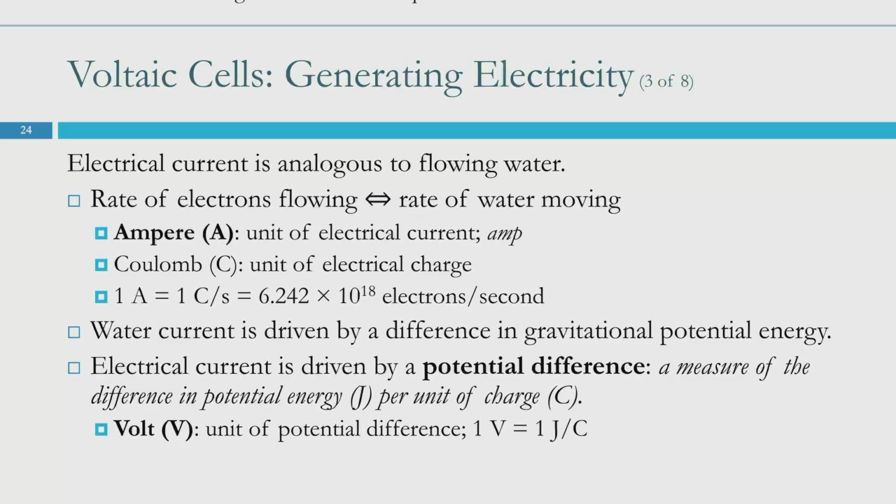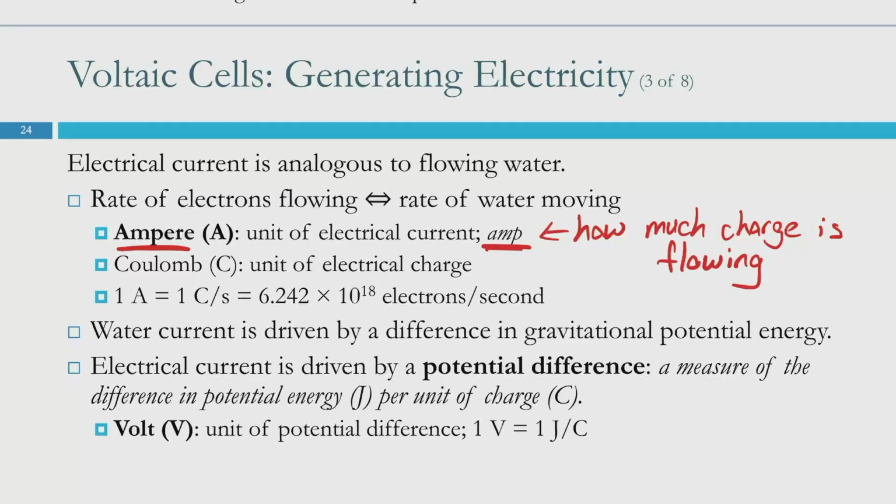And our unit of electrical current is the amp, the ampere with the symbol capital A. So this is our unit of how much charge is flowing. So a high current would be a lot of amps. A low current would be not very many amps.